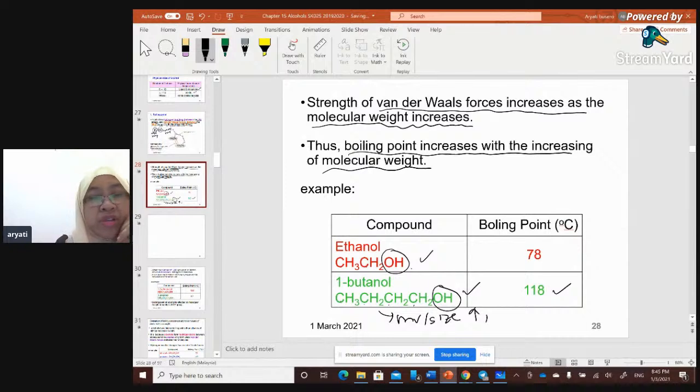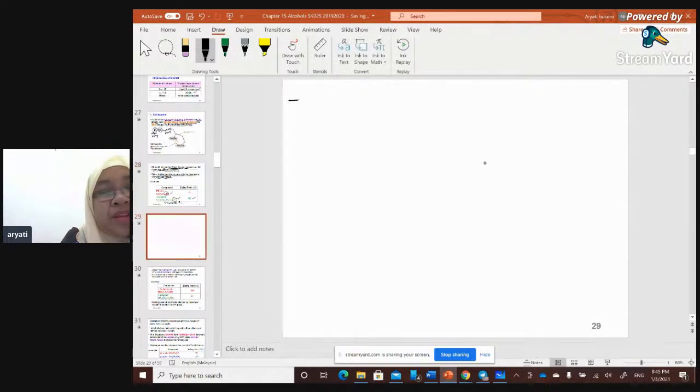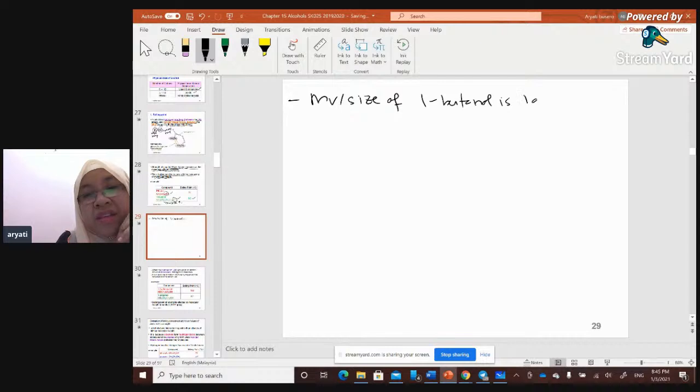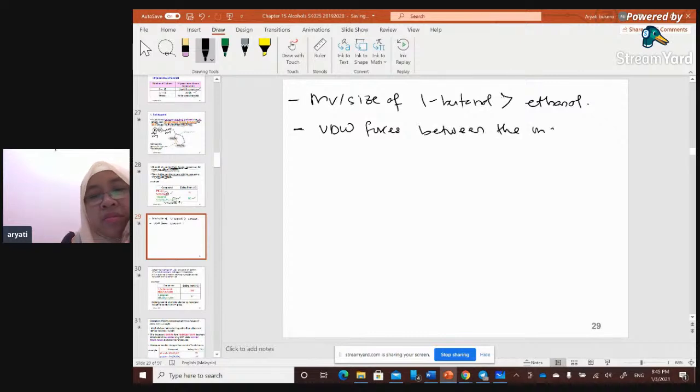Between ethanol and butanol, you will say that the MR or size of 1-butanol is larger than ethanol, or drawing a larger sign is also accepted. Therefore, the van der Waals forces between the molecules of 1-butanol will be stronger than ethanol.